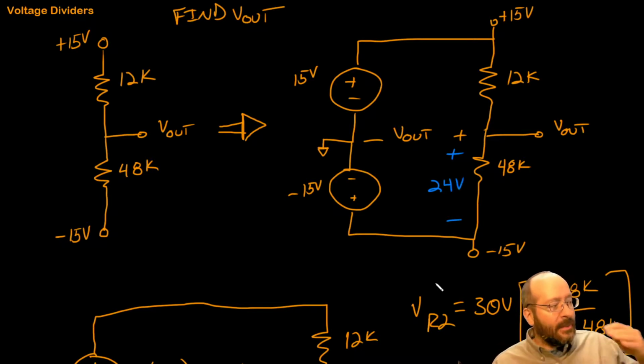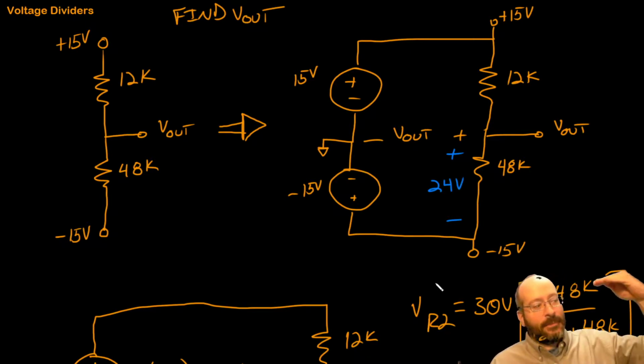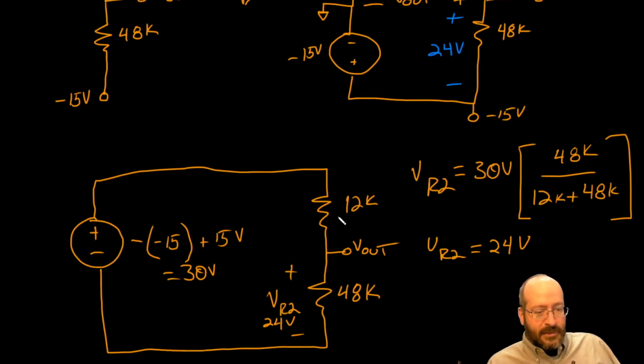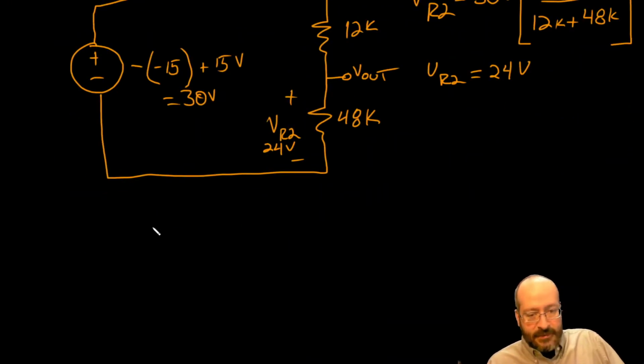So we have to think about this as potential energy. I'm going to take steps as I move around the circuit. As I move from here to here, I'm going from low energy to high energy. I'm going up, but I'm going up negative 15 volts. So let's come down here and say V out is plus negative 15 volts.